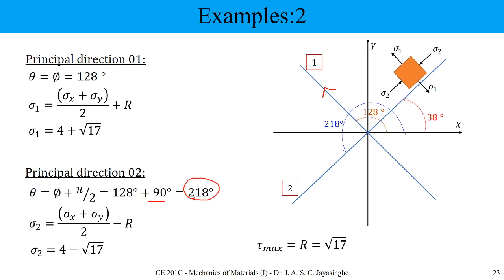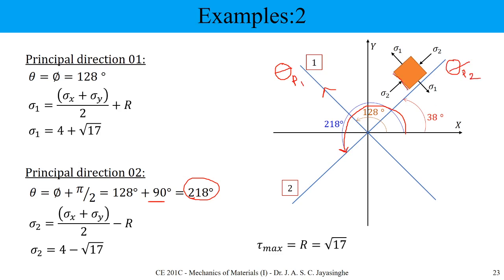So 280 is your second one. After that you can generate these axes. This is more important, don't miss this. This is our TP1 plane, and this is our TP2.